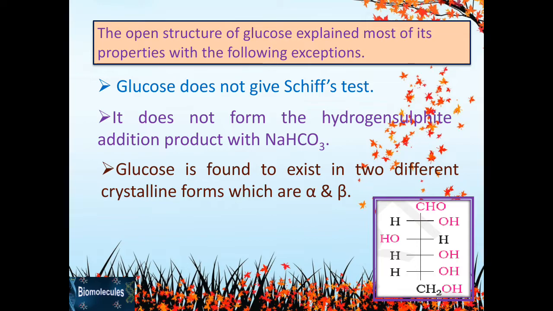And actually, the latest study shows that glucose is found to exist in two forms. They are the alpha form and the beta form. But the open chain structure did not explain anything about these two forms, the alpha form as well as the beta form. So these were some exceptional cases, drawbacks or failures of the open chain structure.